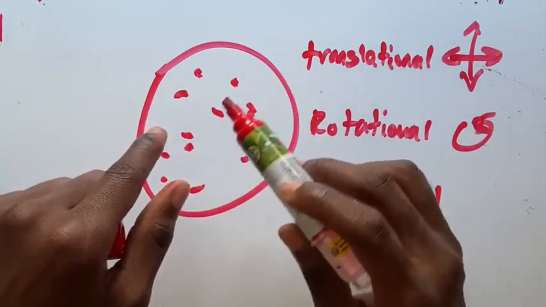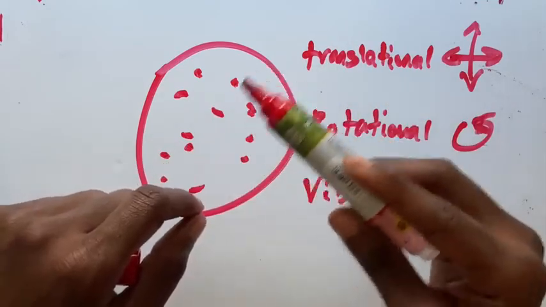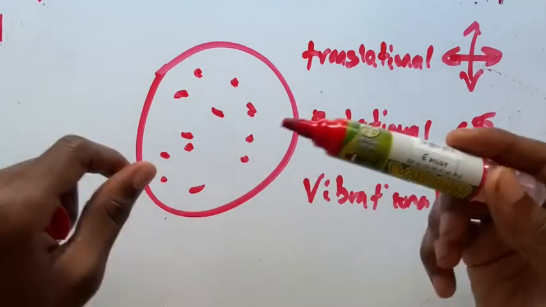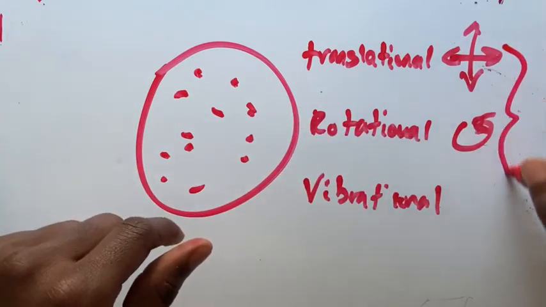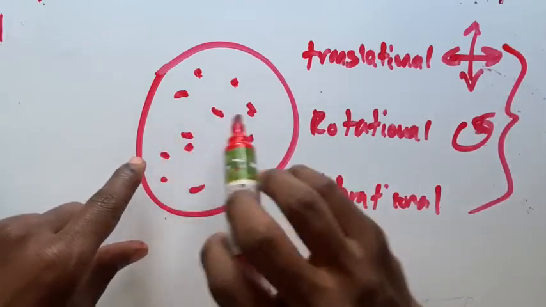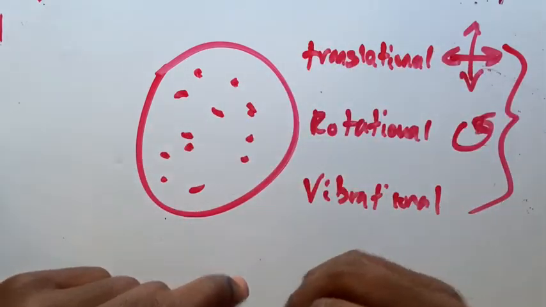So of course the molecules can also be shaking because they're moving around in here. So the thermal energy is going to be a little bit of all of these, because the molecules are moving up and down, left and right, rotating and shaking. It's doing all those things.